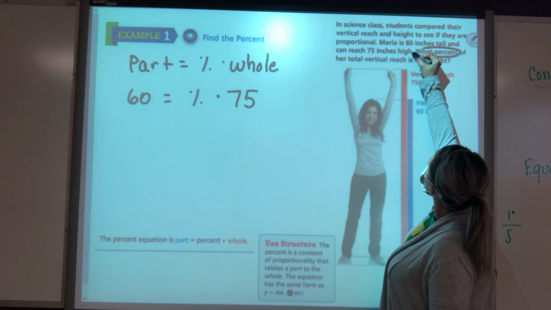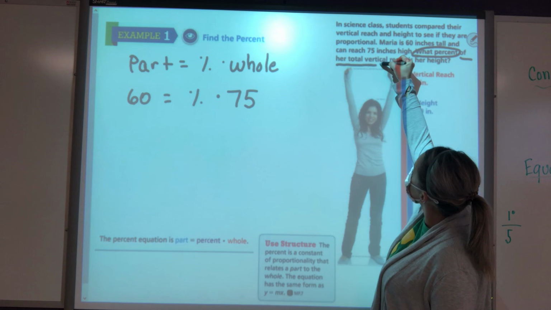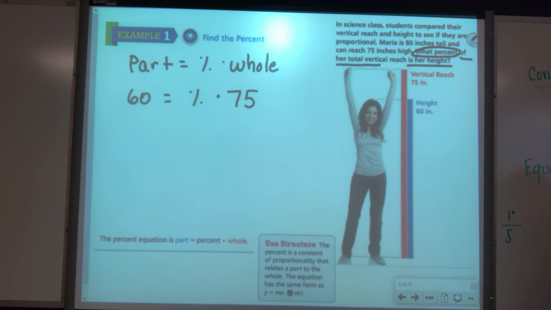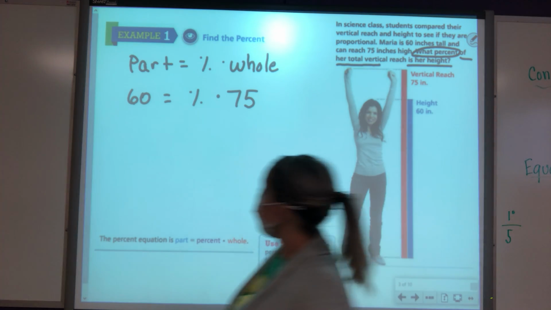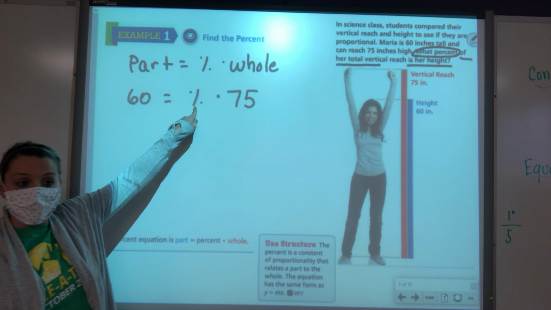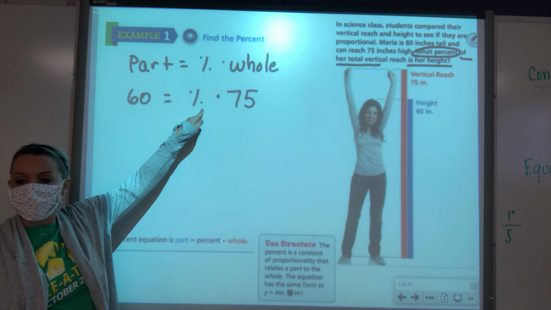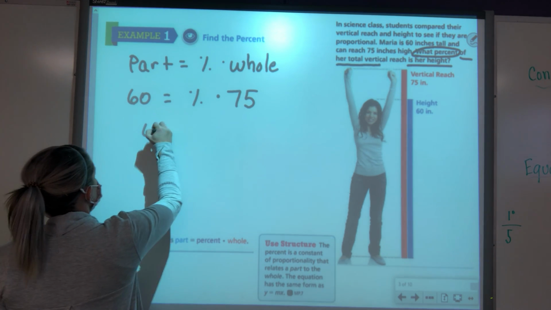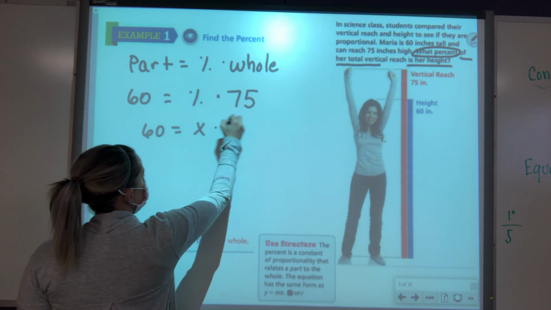What percent of 75 is 60? Okay. So, we don't know our percent, correct? What can we replace that with? A variable, X, right? So 60 equals X times 75.